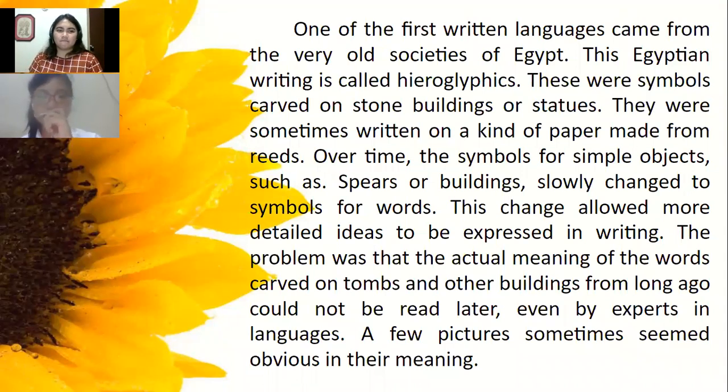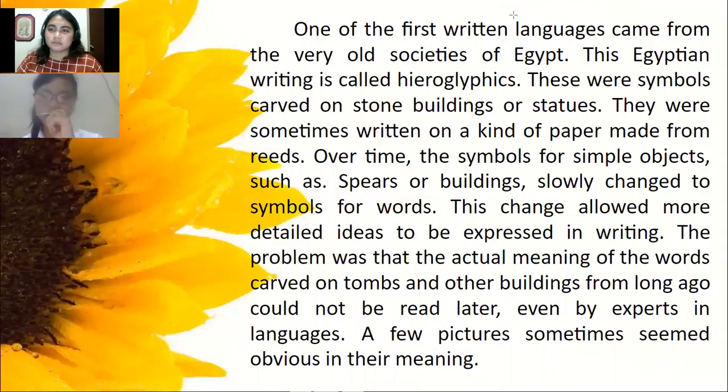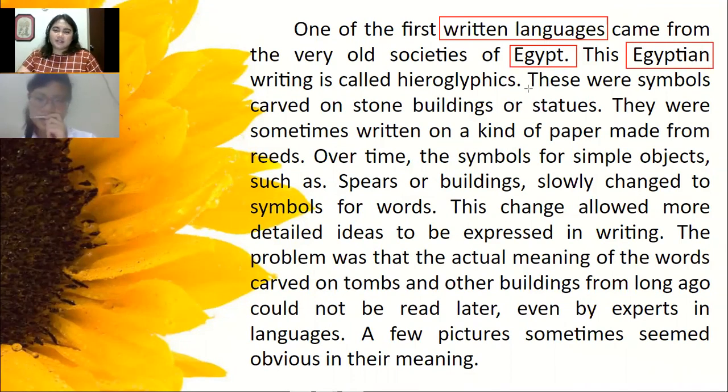One of the first written languages came from the very old societies of Egypt. Egypt. This Egyptian writing is called hieroglyphics. These were symbols carved on stone buildings or statues.